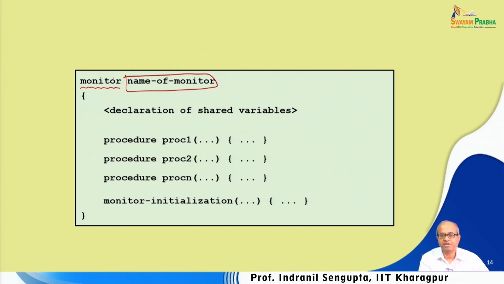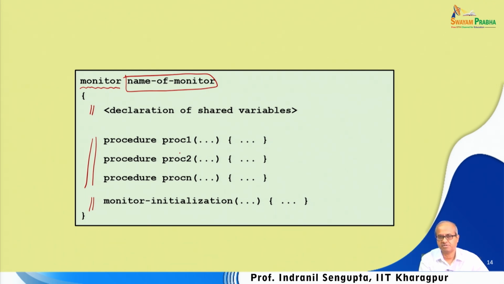Now, inside a monitor there are broadly three things we are defining: shared variables, one or more procedures, and some initialization code. As I said, whatever shared variables you declare here can be accessed by any one of the procedures, proc 1, proc 2, proc n, all of them.